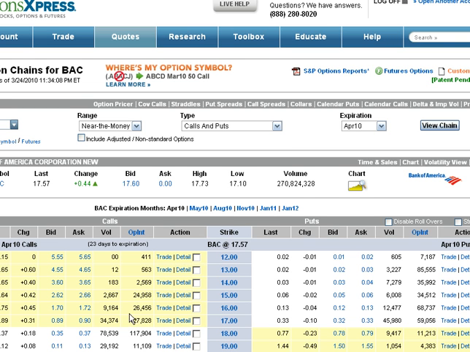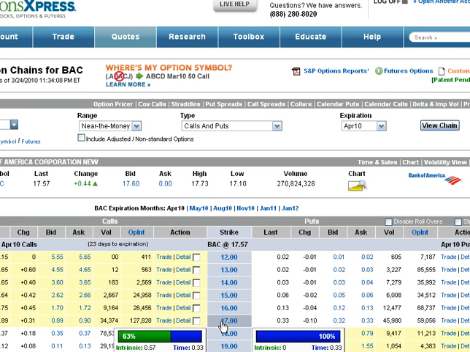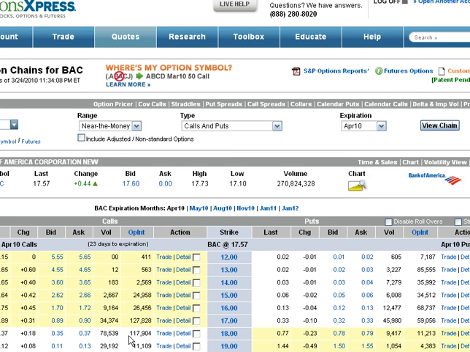This is the Bank of America options. I'm looking at the $14 call, and this has a delta of 96. So that means that when Bank of America goes to 1850, this option will be 96 cents increased. So this will go from 365 to around 465.